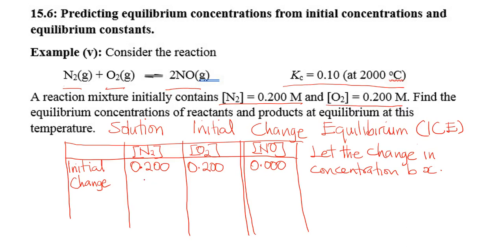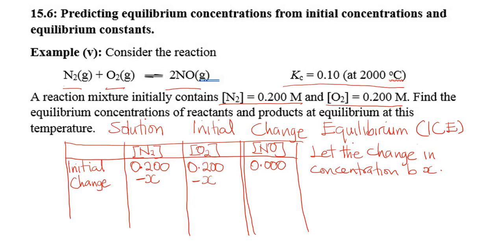Really, the change we have here will be a minus X because it is a reactant, it is losing this concentration. The same thing here, the change will be minus X. It is a reactant, it is losing.